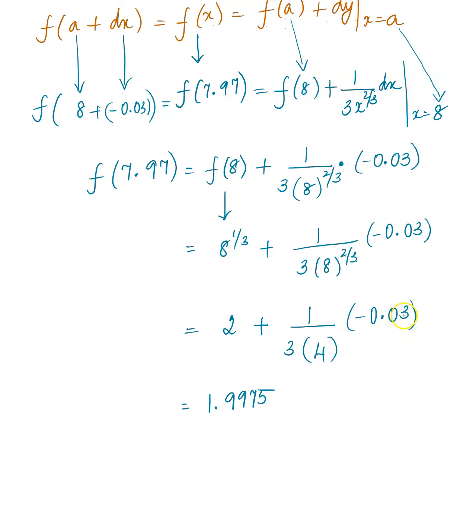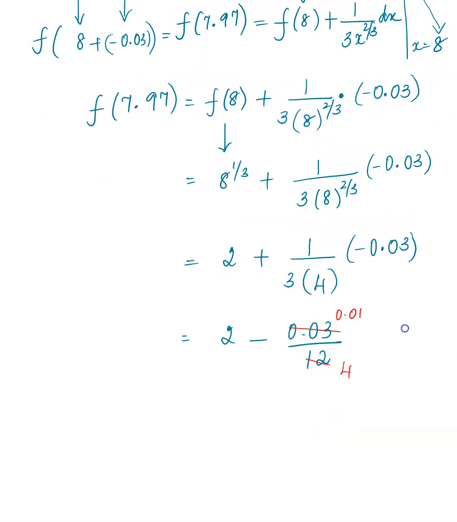Because let me just show that to you quickly: 3 times 4 is 12, right? So that will be minus 0.03 over 12. This is actually a nicer number, because this will be 0.01 over 4, right? And then when you simplify that, that will give you 0.0025.